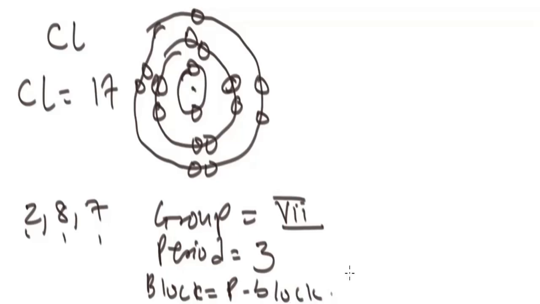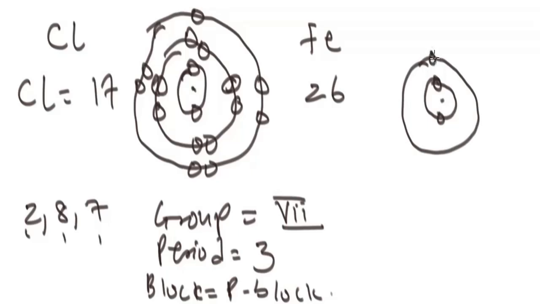Now let's solve one more example. Let's say we are given iron. As you see, iron has atomic number 26. Let's represent the atomic structure of iron. This is the nucleus, the first shell, and this is the second shell. So we have 10 now.